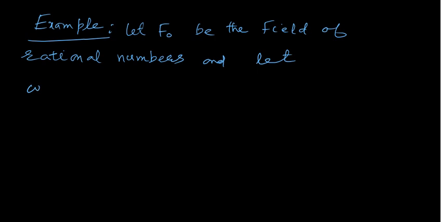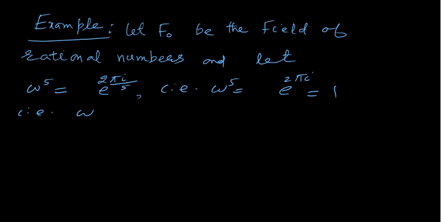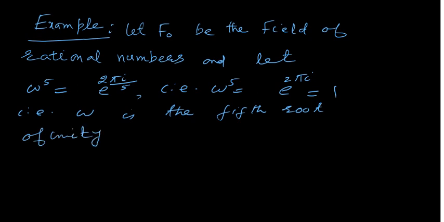That means omega power 5 is equal to e power 2 pi iota divided by 5. So you can see omega power 5 means e power 2 pi iota, which is equal to 1. So that is, omega is the fifth root of unity.